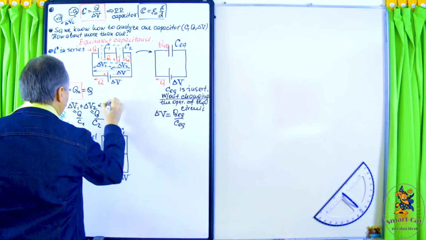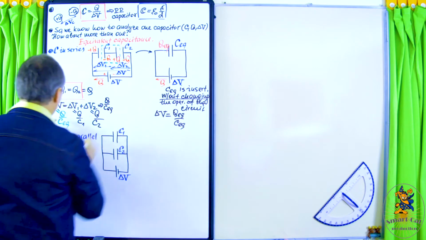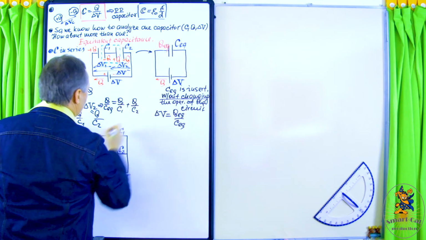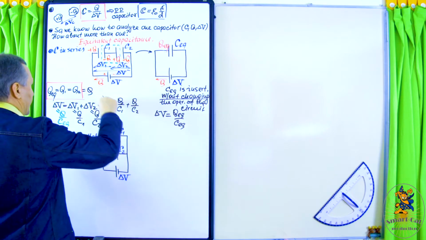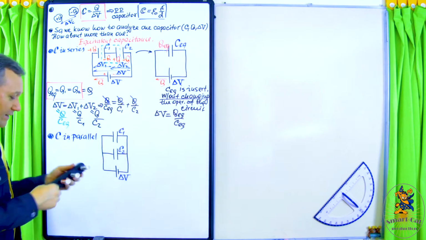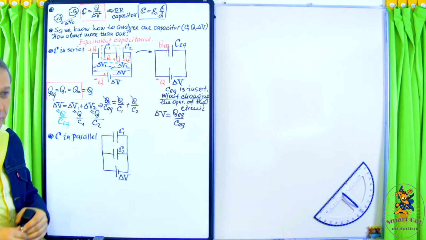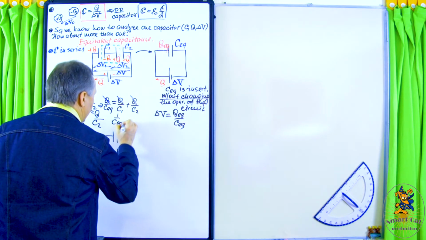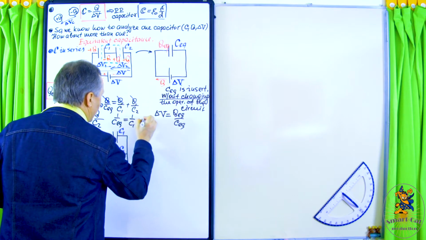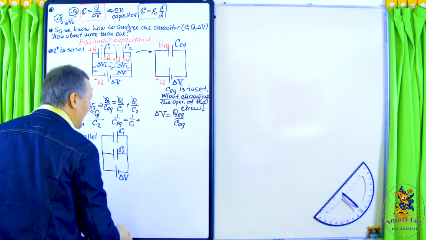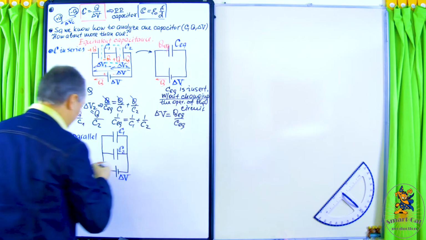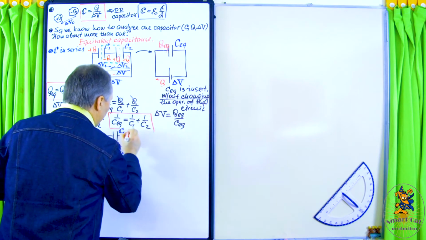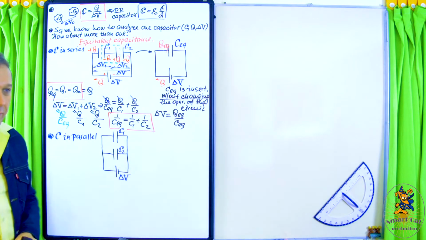So it will be Q over C equivalent equals Q over C1 plus Q over C2. Of course, Q gets cancelled because they're exactly the same. And as a result, we're getting the formula which we are going to use in analysis. So 1 over C equivalent equals 1 over C1 plus 1 over C2. Let me frame it. Of course, most of you are familiar with this formula.